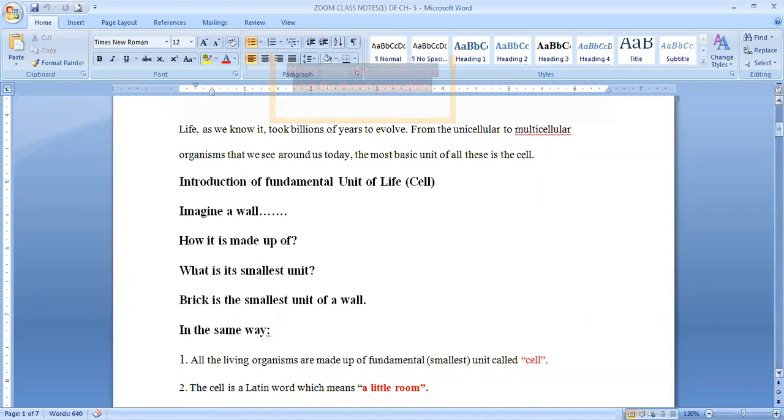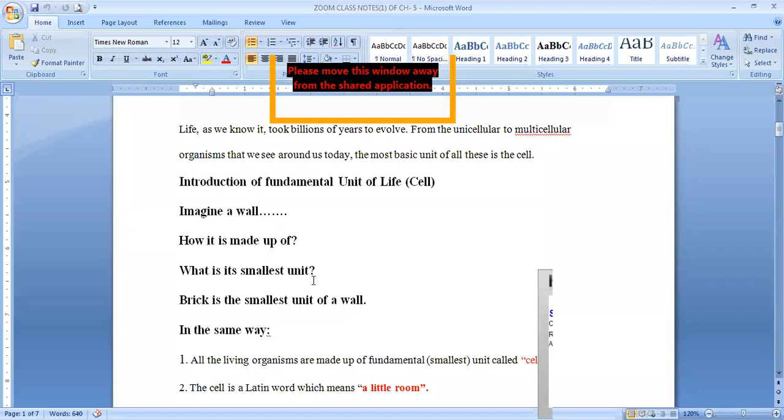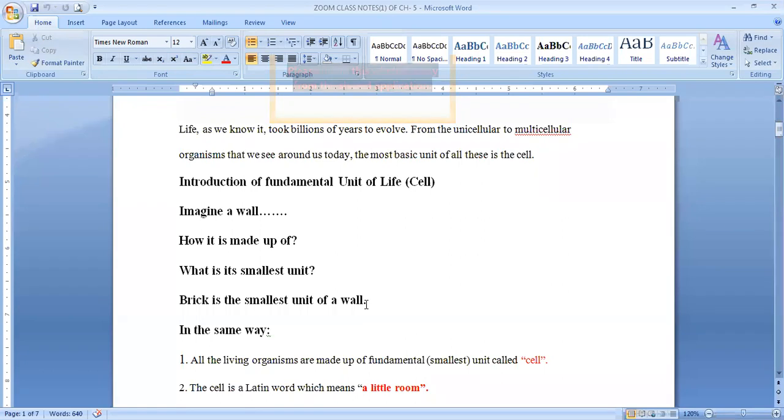To understand this concept better, let's imagine a wall around you. How is this wall made up? What is its smallest unit? So all of you know that brick is the smallest unit of a wall, means the whole wall is made up of bricks, and these bricks combine to make a whole.